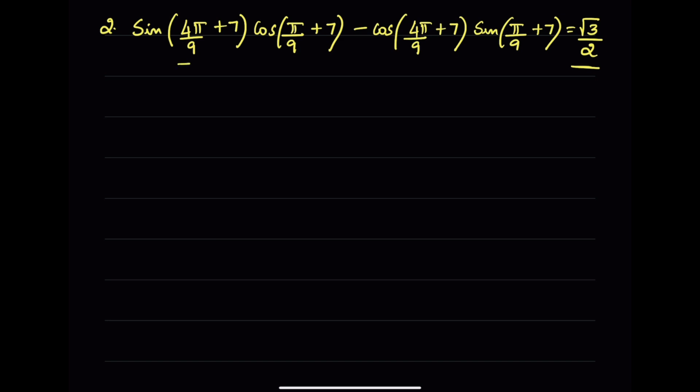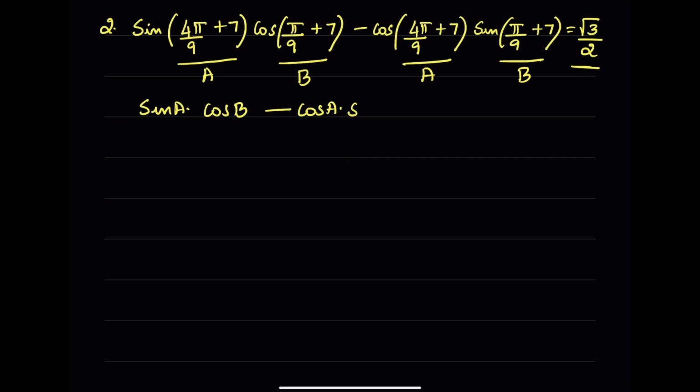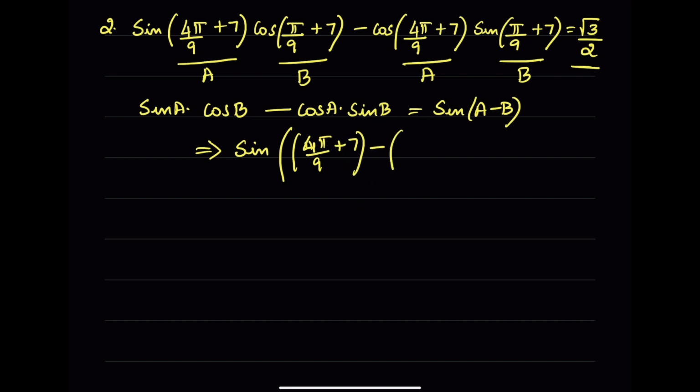So if you notice here, this can be considered as A and the second part can be considered as B. So this resembles sine A cos B minus cos A sin B, and this formula is of type sine of A minus B. So we can write it as sine of 4 pi by 9 plus 7 minus pi by 9 plus 7.